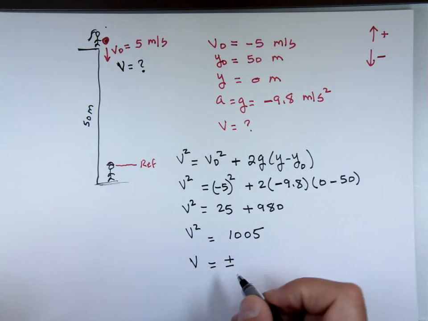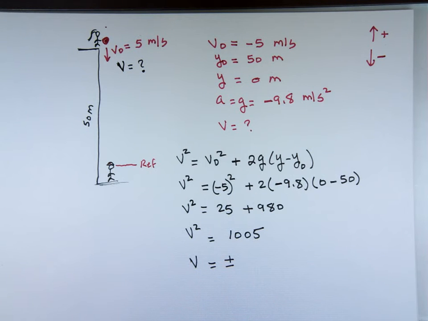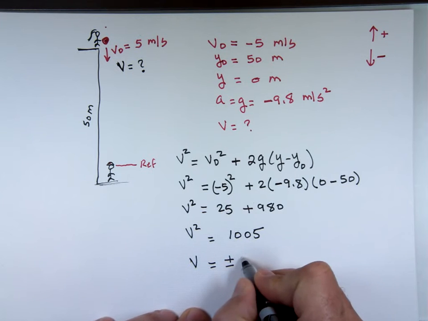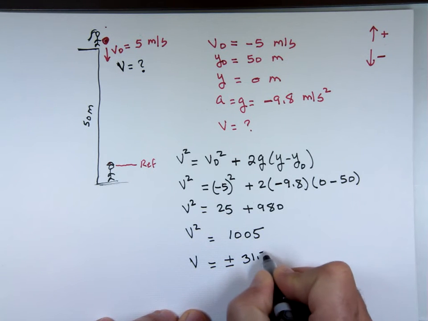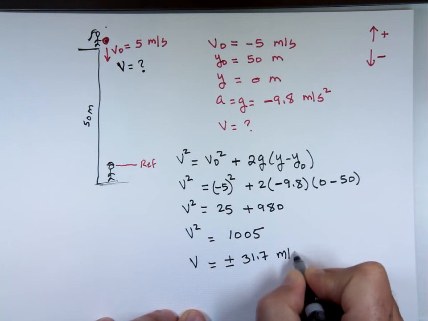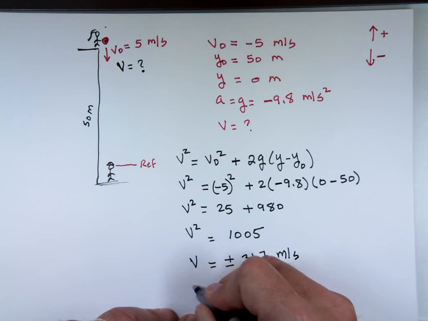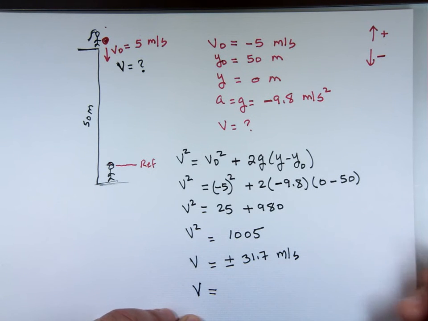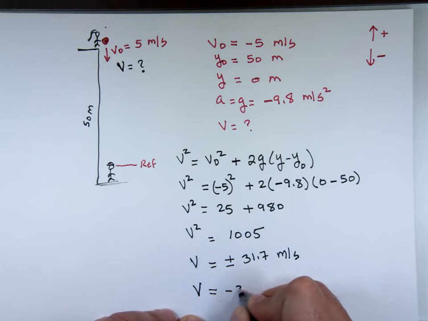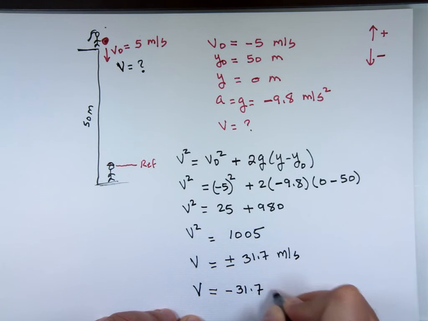The square root of 1,005, which is 31.7 meters per second. But since the balloon is coming down, what is your velocity? Negative 31.7 meters per second.